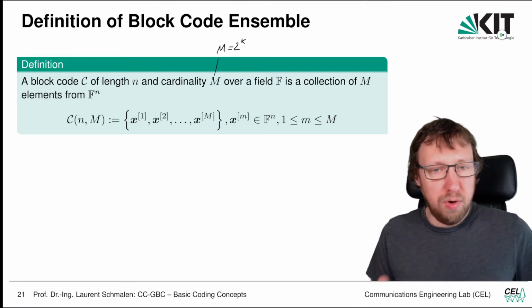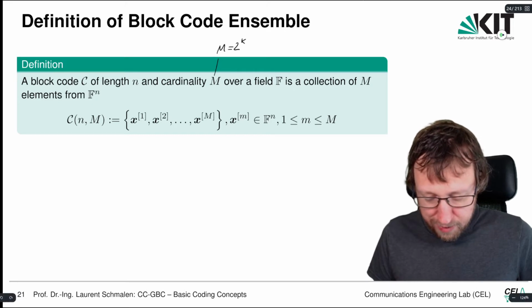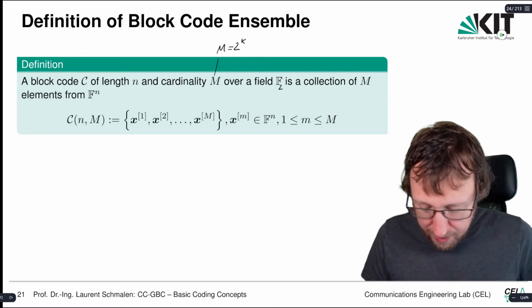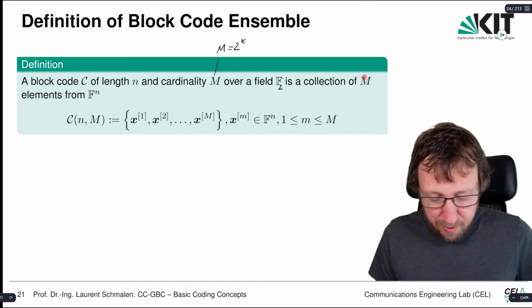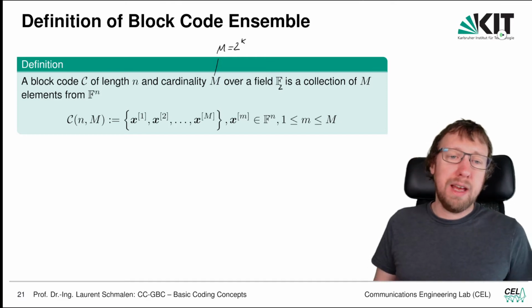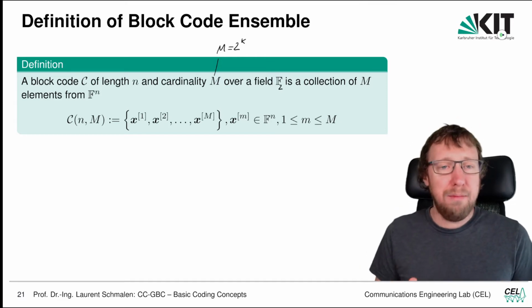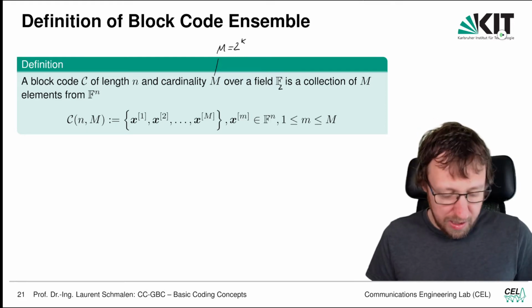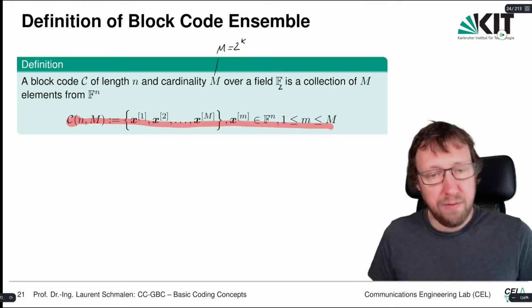The block code is defined over a field, and in our case we use the binary field F2. It's a collection of m elements from F to the power n. So in our case, it's a collection of m binary vectors of length n. This is the definition of a block code.